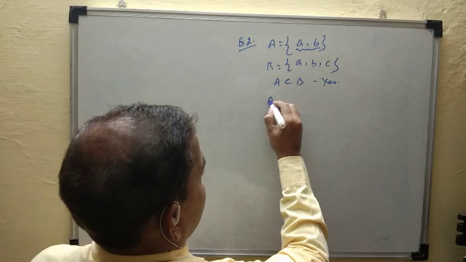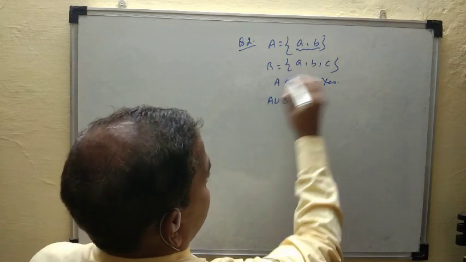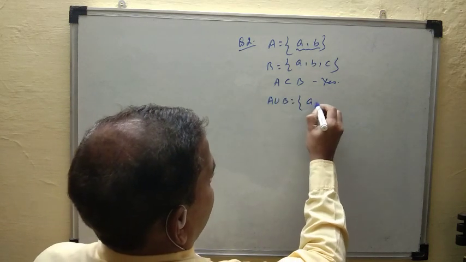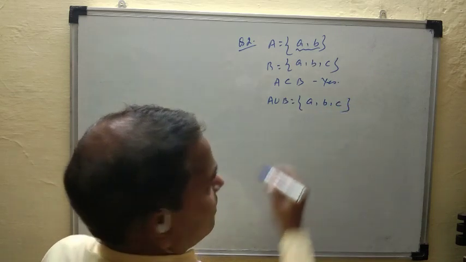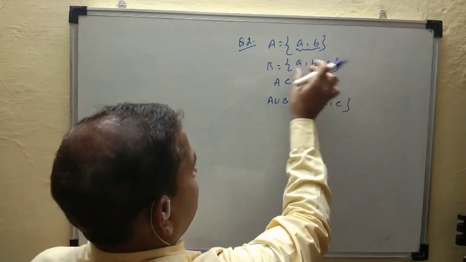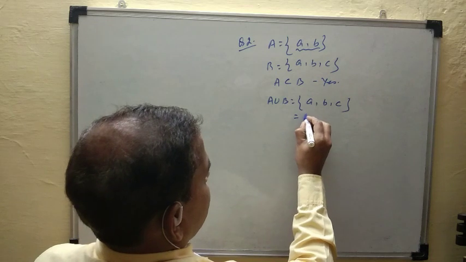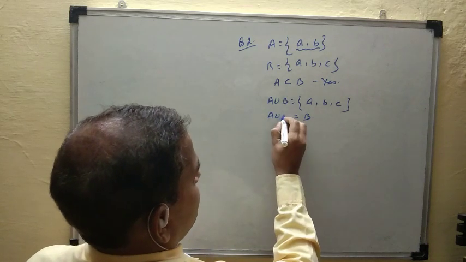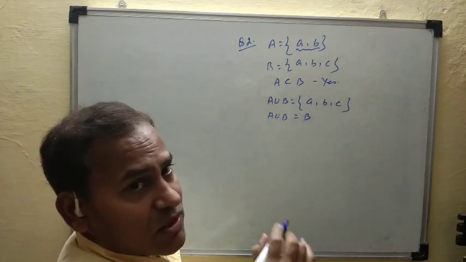Find A union B, that is combine all the elements. So a, b and c, and this is equal to set B. So here A union B is equal to set B.